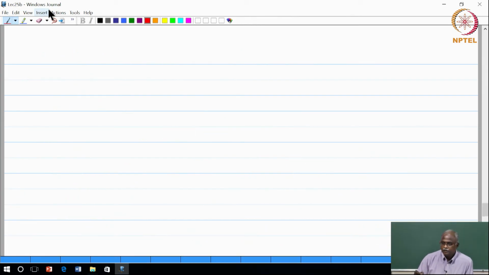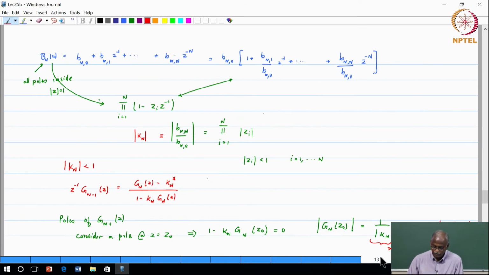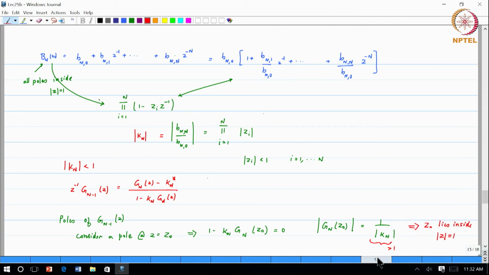Why can't we say Gn is rational? The numerator also can go to infinity. Gn of Z minus Kn conjugate. Let me just be sure. This expression Gn minus 1. We are only saying the denominator going to 0 as a pole, when you have a rational transfer function.